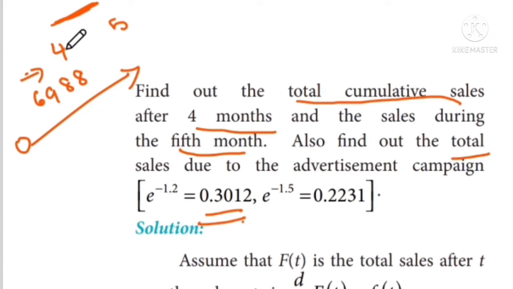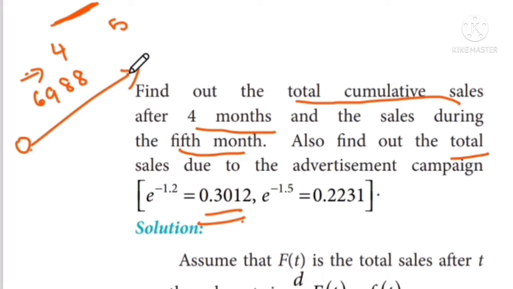So we can integrate from 0 to 5 minus 0 to 4. Already we found 0 to 4. Now you have to find 0 to 5, or the other way of doing it is from 4 to 5 directly we can find.